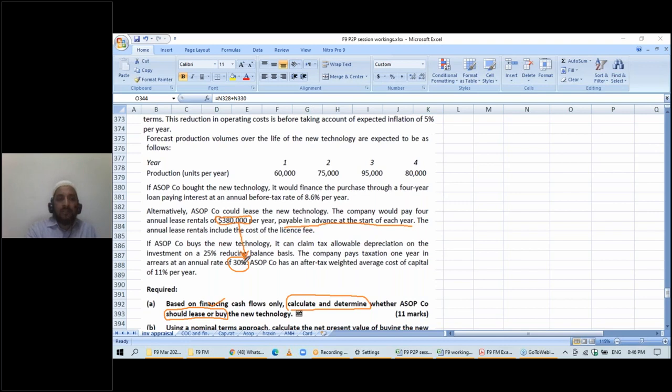Okay, and they will be able to save 30% tax if they pay this 380,000 annually. So they will be able to deduct this 380,000 from the taxable income, and they will be able to save some taxes. So let's do this working, how much will be the cash outflow due to the lease payments and its present value. Okay, so I'm starting to work on it.